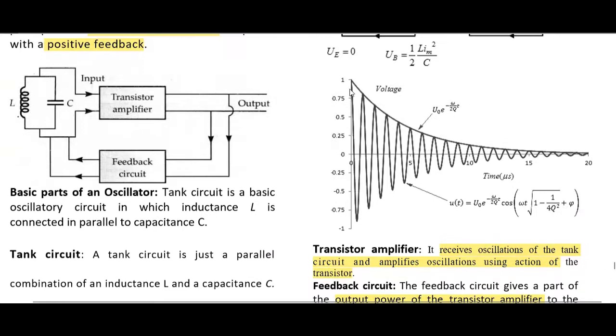Damped oscillations are those in which the amplitude goes on decreasing. In this case, voltage, the amplitude of voltage goes on decreasing. Damped oscillation may be mechanical or electrical, but here we are concerned only with the electrical oscillation. And here this voltage, the amplitude of voltage goes on decreasing.